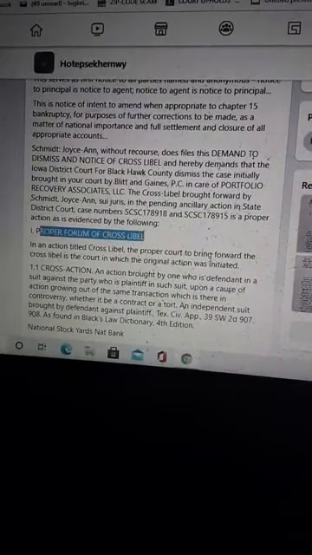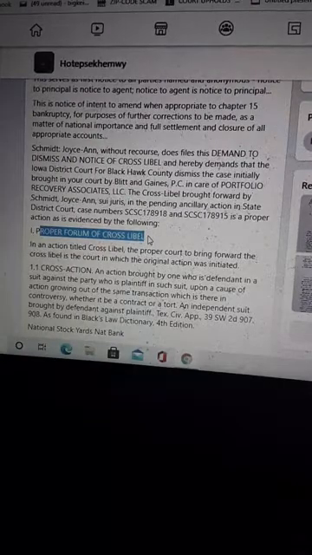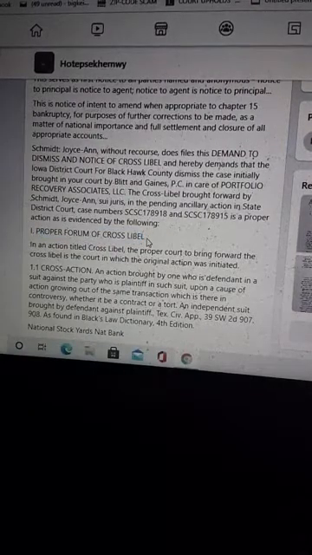Proper forum of cross libel. They went to a public forum, and we're going to the private forum. We're going to take them into the private forum, but we've got to do it through the proper forum, and that is the public forum that they brought it in.